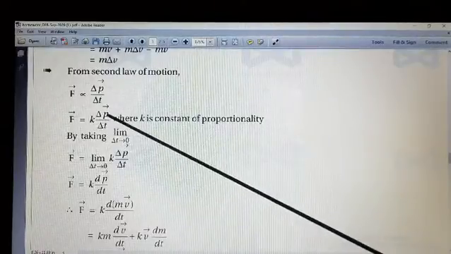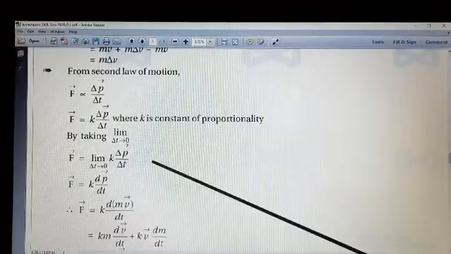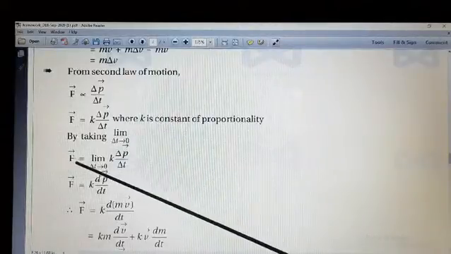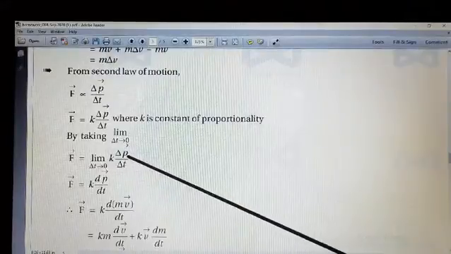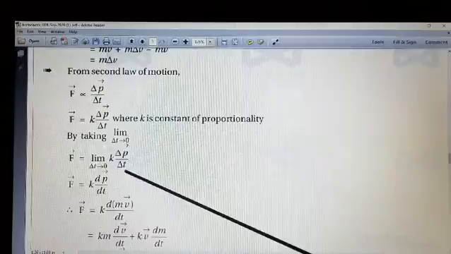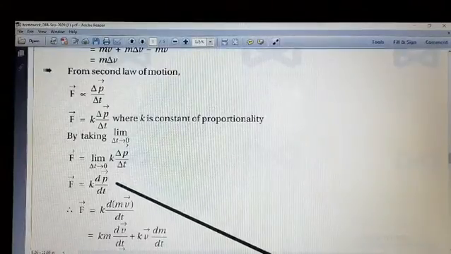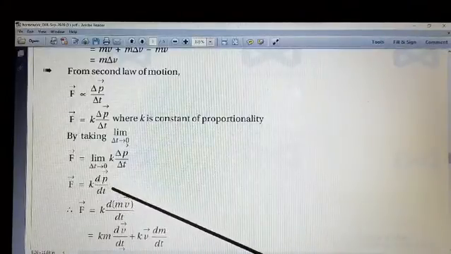On the right hand side we now take the limit delta t tends to 0. So F is equal to limit delta t tends to 0 of k delta p upon delta t. When we take the limit, delta is converted into d. So we get F is equal to k dp upon dt.